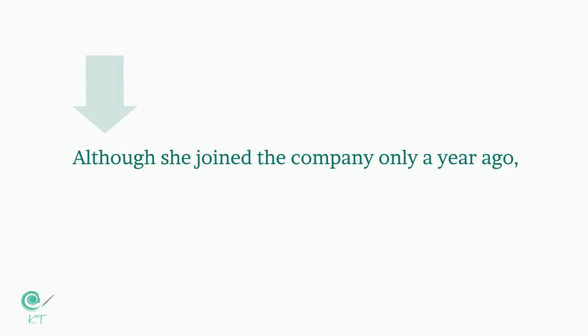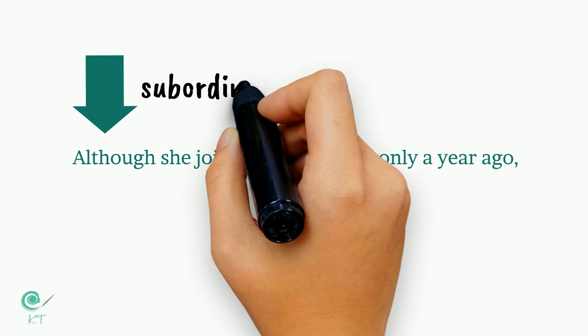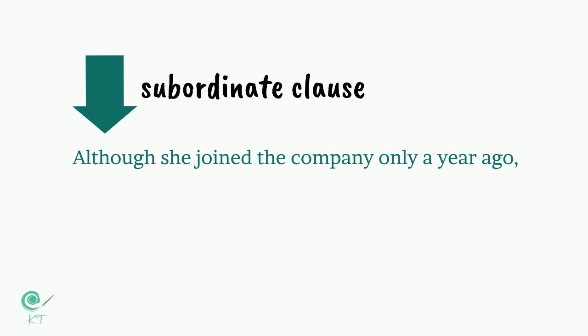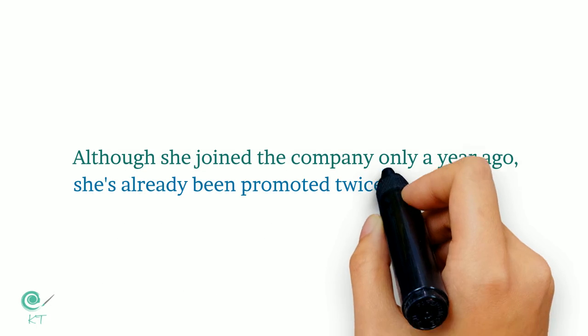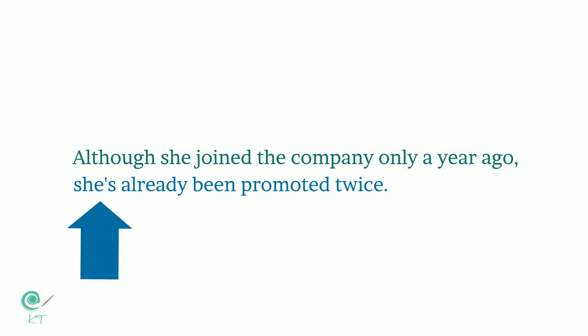The first clause, although she joined the company only a year ago, is the subordinate clause. It cannot stand on its own as a complete sentence. It's not a complete thought. The second clause is the main clause. She's already been promoted twice, can stand on its own as a sentence.